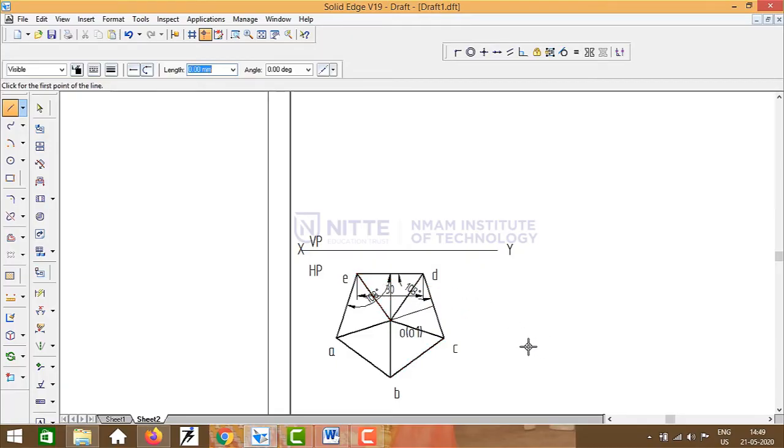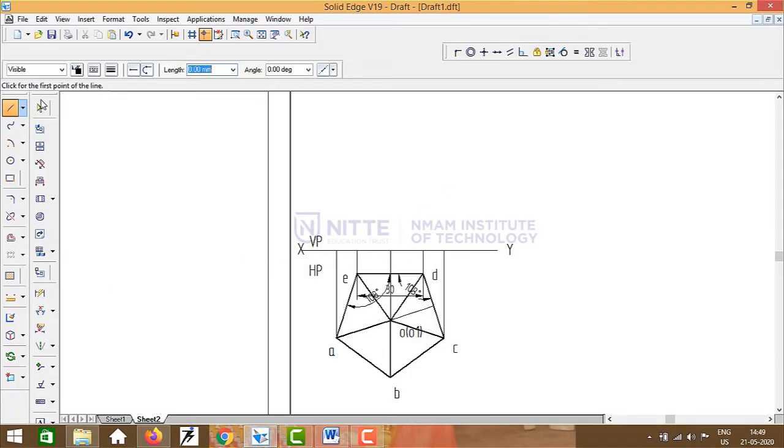So next, draw the front view. To get the projection, draw the projectors from all these points A, B, so same as this, C, D, E. So OO1 is also here.